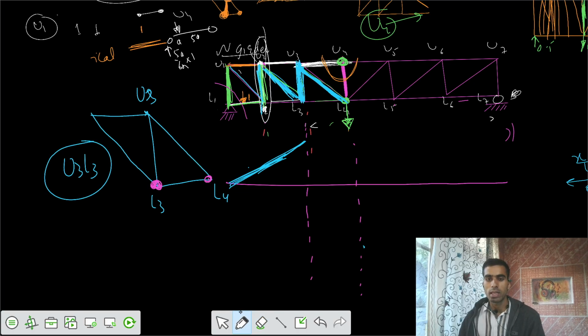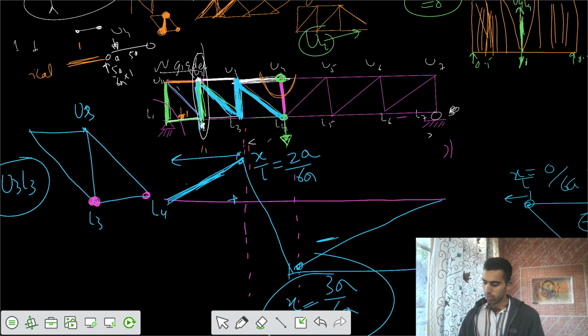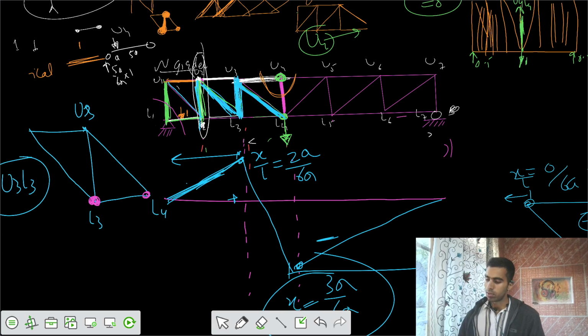That means from the other side they have a negative value. So this is negative, this is positive, and then join them by a straight line. This ordinate would be equal to x by L, a total of 2a by 6a, and this value is equal to 3a by 6a. That's also x by L. So this is your ILD for member U3L3. This is the end of this.